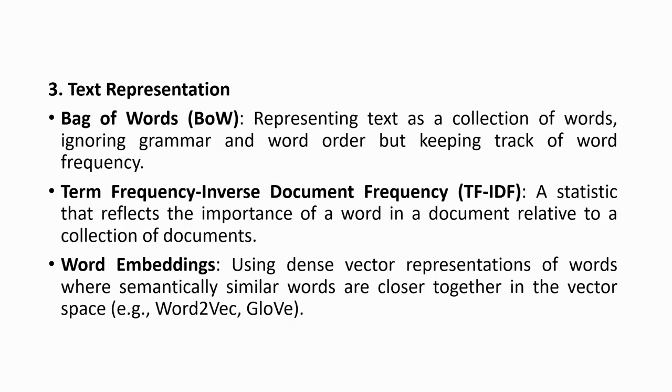It tries to identify syntactic features, that is parts of speech, and it will also have the parse trees. And then come semantic features, where it tries to identify the meaning of a word in a given context.